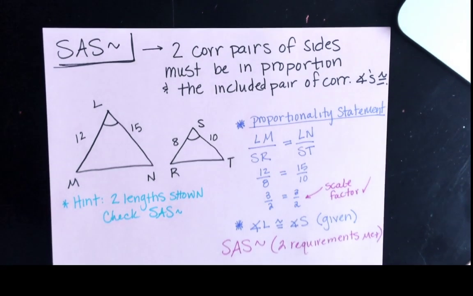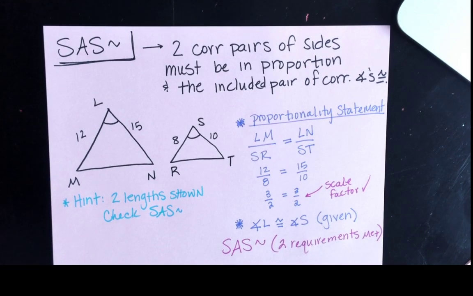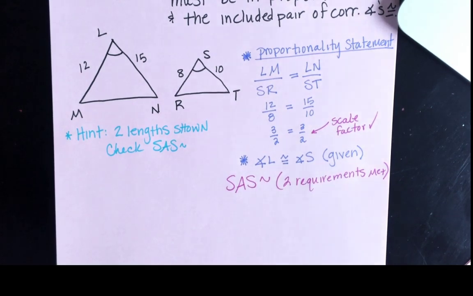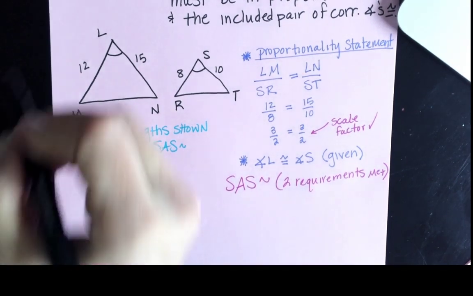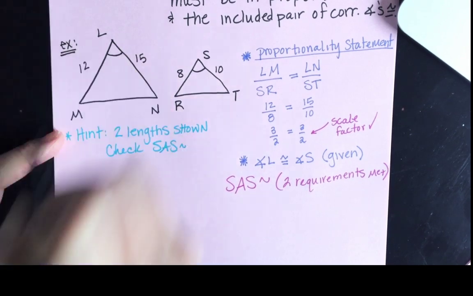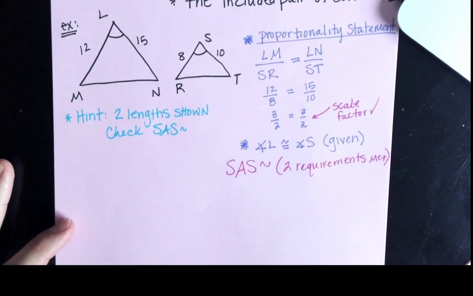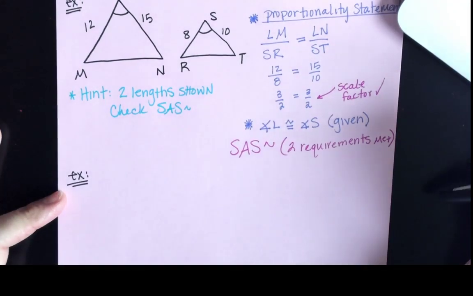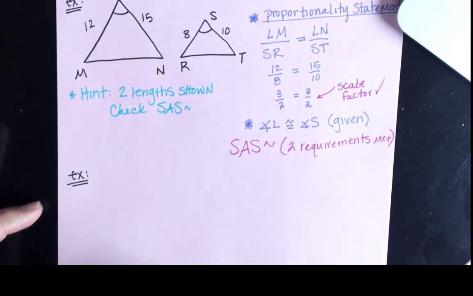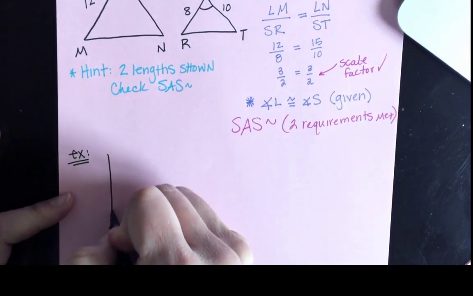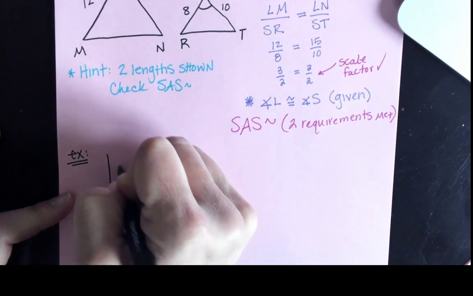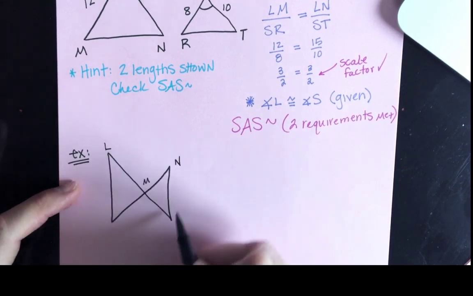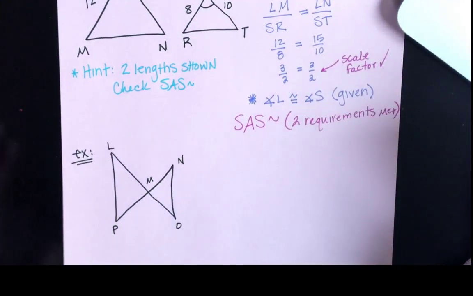Now I will very quickly show one more thing that does come up, and it was in a lot of the notes that I've already loaded. It is possible that you see something like this, and it's not going to give you the angle.